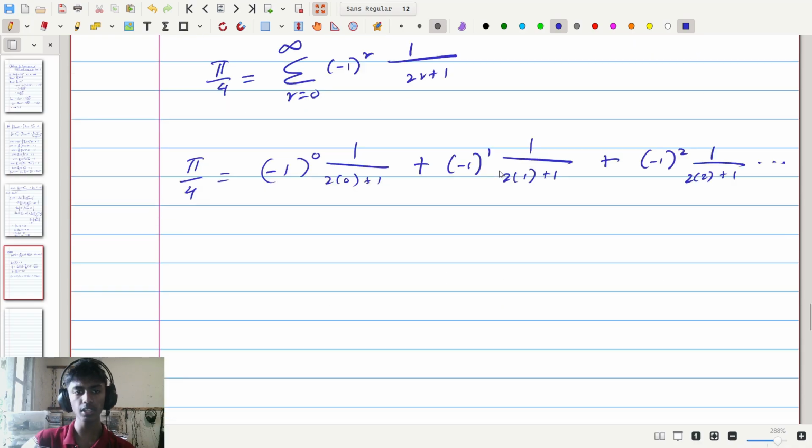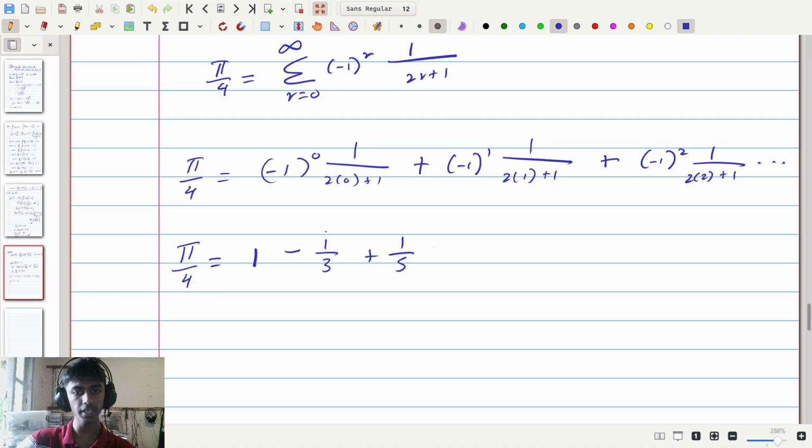If we see what this is equal to, we can see that 2r plus 1 is just the r plus 1th odd number. Therefore, what we have is pi by 4 equal to: negative 1 to the power of 0 is 1, and then we have 1 divided by 1. So here we have just 1, plus the next term, which is negative 1 times 1 divided by 3, or negative 1 divided by 3. The next term is positive 1 times 1 divided by 5, so plus 1 divided by 5.